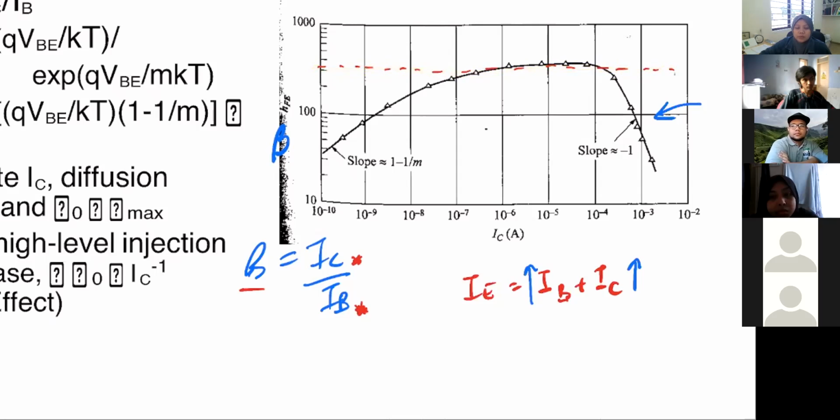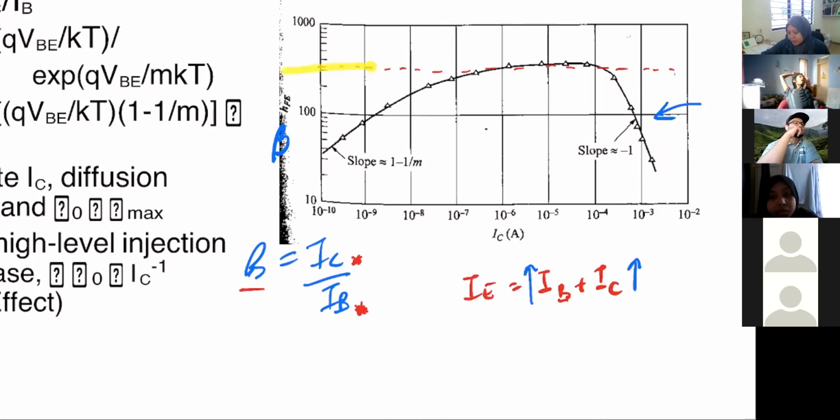However, when we do measurements, we found that at low collector current, beta is very low, and at the other extreme, at very high collector current, instead of being constant, it becomes smaller as you increase the collector current. Now the question is why?